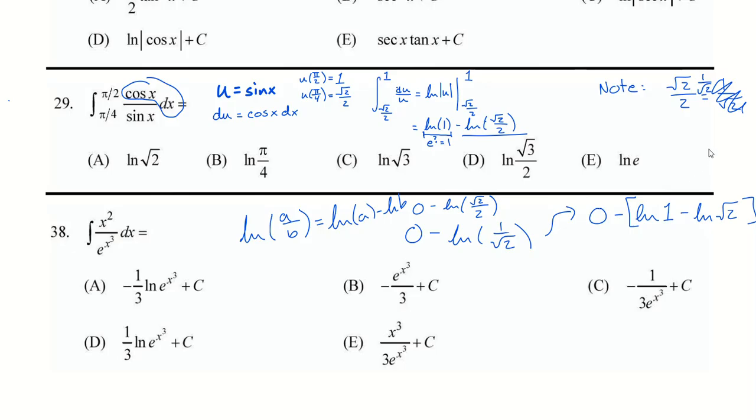I'm cheating right now, but there's one more thing I could do and I wouldn't be cheating. If I do this to the bottom as well, I have a 1 up top and a 2 over root 2. So we can clean this up. It's 1 over 2 over root 2, and that's root 2 over 2.